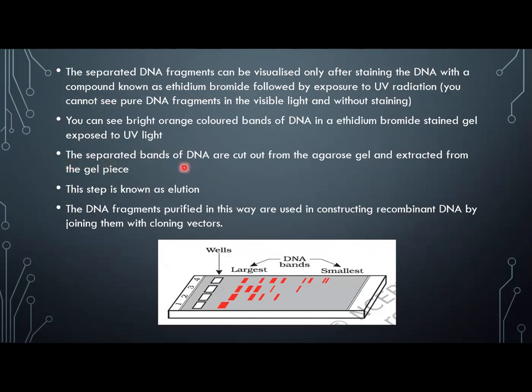The separated bands of DNA are cut out from the agarose gel and extracted from the gel piece. This step is known as elution. The DNA fragments purified in this way are used in constructing recombinant DNA by joining them with cloning vectors. Here you can see the DNA bands which are stained with ethidium bromide.